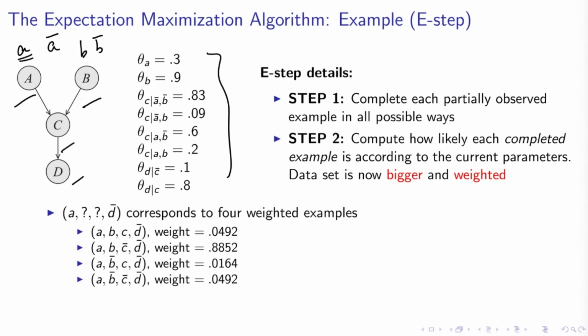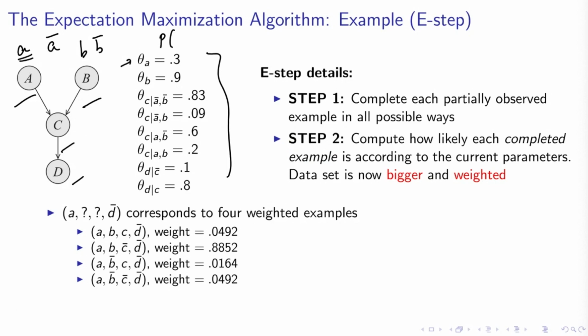The CPT at A is associated with just one parameter, theta sub A. Why just one parameter, you may ask? The CPT of A has 2 values, one for A equals true and one for A equals false. This is because, and we have discussed this numerous times, the probability of A equals false can be computed from the probability of A equals true.